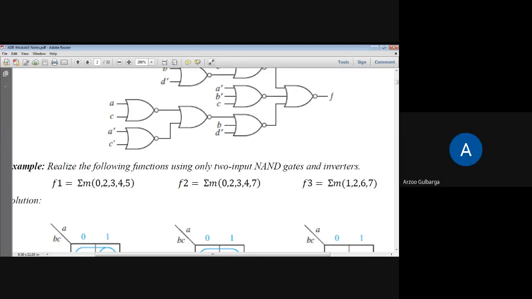Three variables. Three variable K-map for F1, F2 as well as F3. Fine. So quickly, all of you simplify it and tell me the answer. What is the answer you will be getting for F1? What answer you are going to get for F2, and what will be the answer for F3?